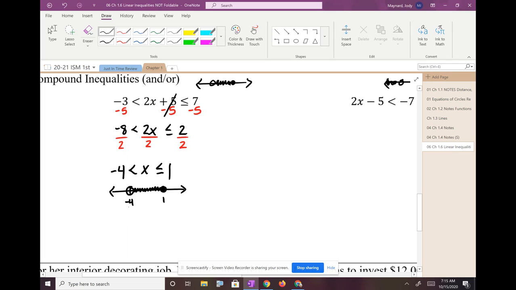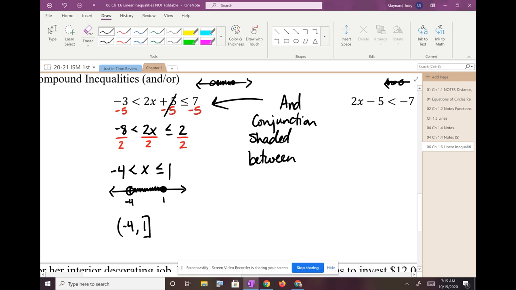So this interval starts at negative 4 and ends at 1. Negative 4 is a parenthesis because it's an empty circle, and then 1 is a bracket because it's a filled-in circle. So again, remember this is an and conjunction problem, and with an and conjunction, that means it's shaded between.